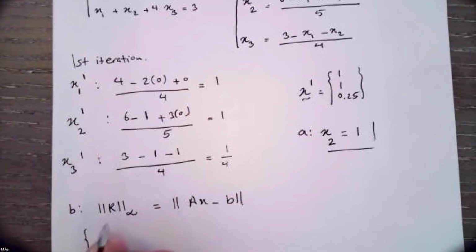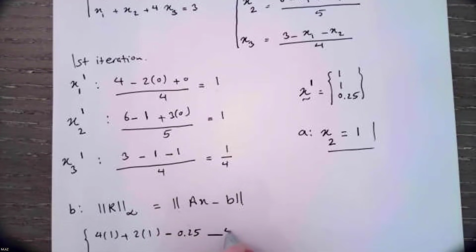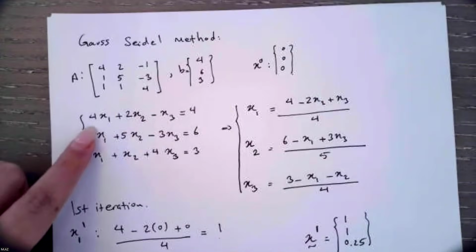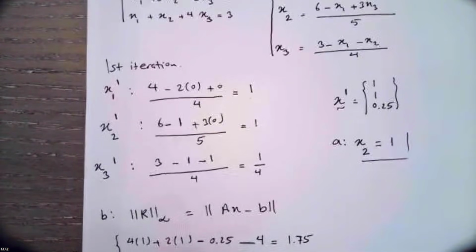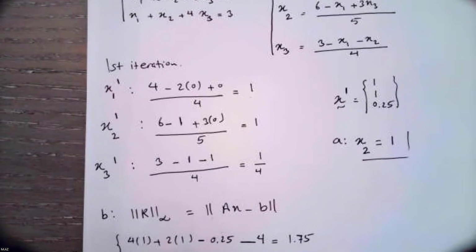We have 4 times, minus b. This is for equation 1. This is for equation 2. Minus b.